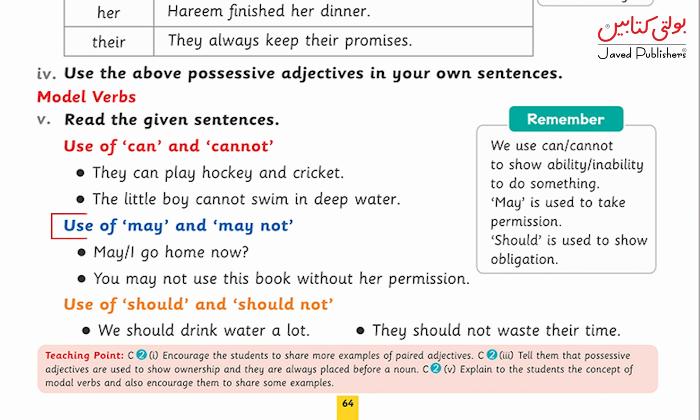The other modal verb may and may not is used when we are asking for permission. And should and should not is used as obligation. That is, when we use should and should not, we mean that it is something compulsory.